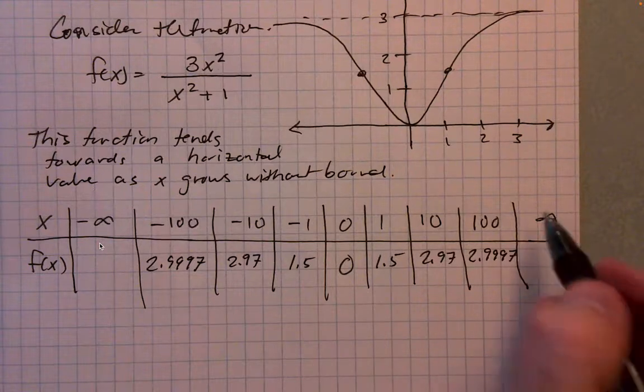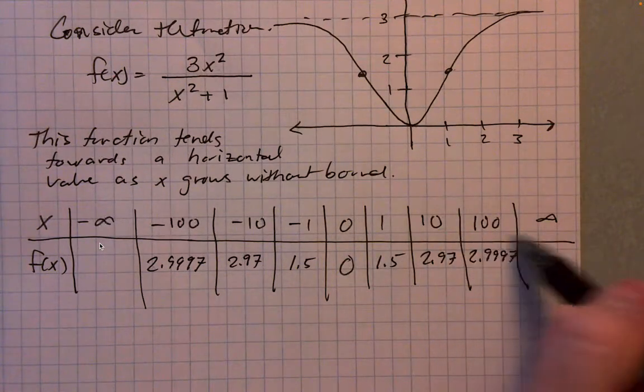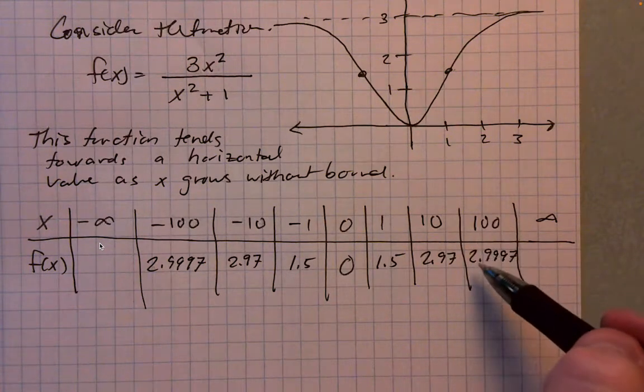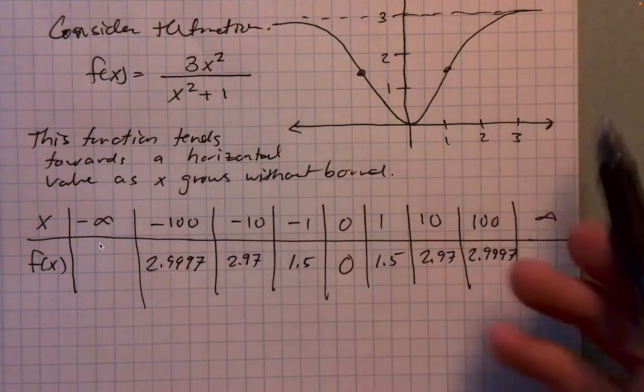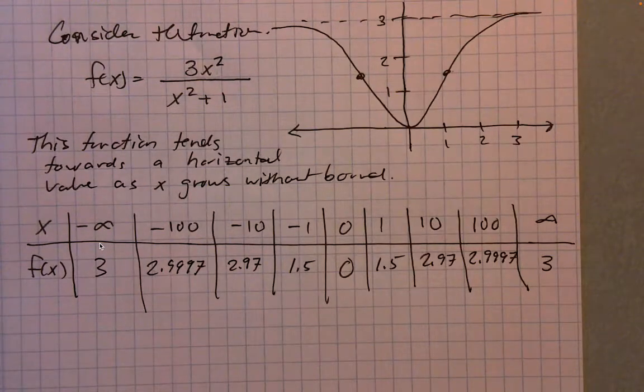And indeed, when we look at this analytically, what we'll identify is that no matter how large the value you plug in, the function never exceeds the value of 3. And so what you might be able to say here is that as you get further and further out on the x-axis in either direction, the function gets closer and closer to a value of 3.